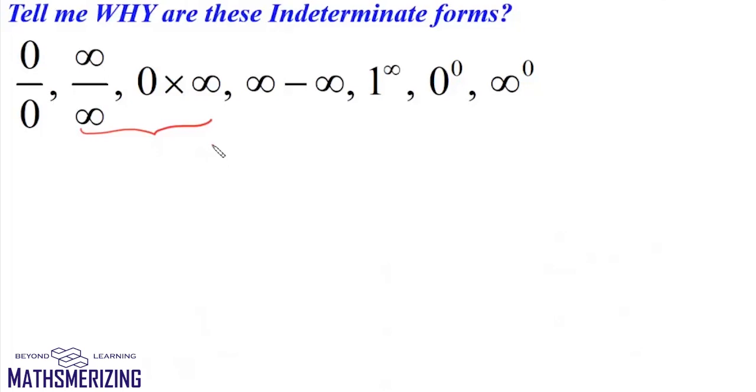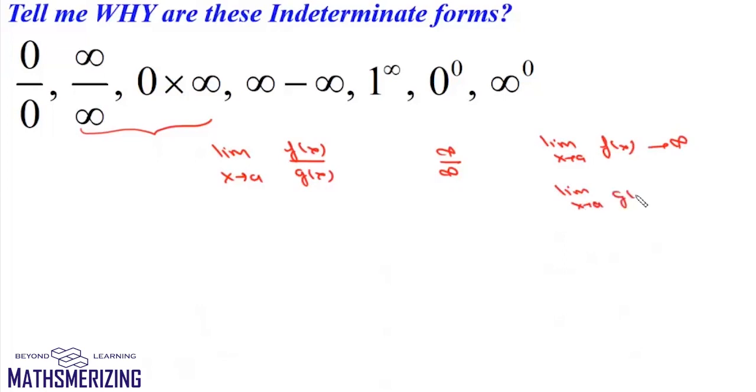So if we have any limit, limit x tends to a f(x) upon g(x), which is of the form infinity upon infinity, which simply means limit x tends to a f(x) approaches infinite, and also limit x tends to a g(x) approaches infinite.